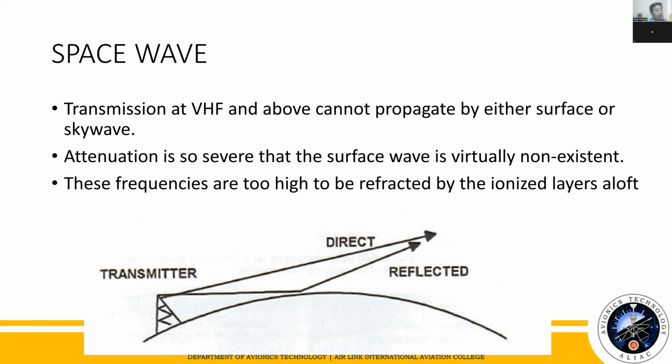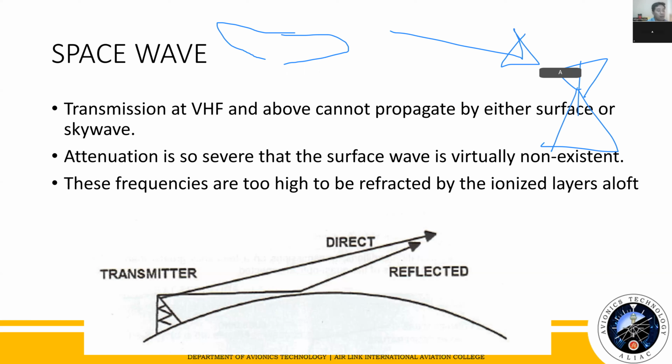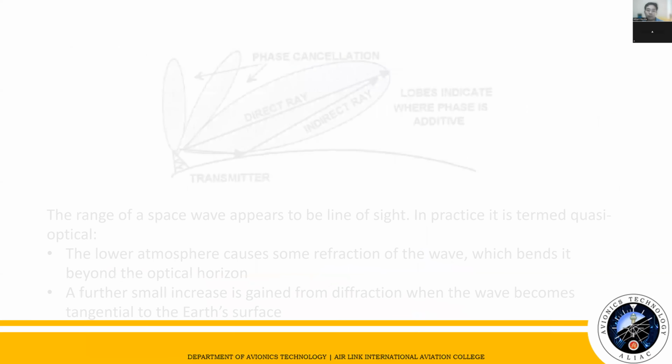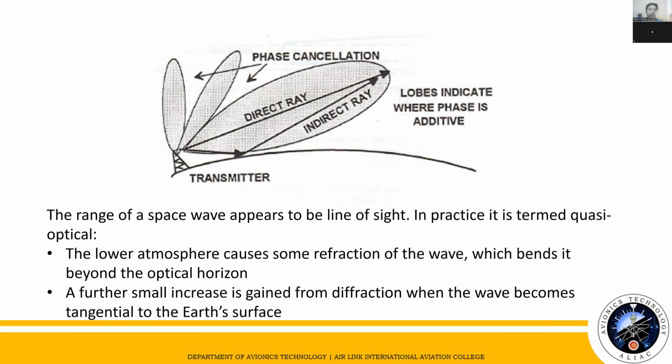So, yung kanina example natin, okay, the aircraft and the receiver. Direct and reflected. Ayan yung nangyayari. So, because of the different emission paths, the direct and reflected waves are sometimes in phase and sometimes out of phase.